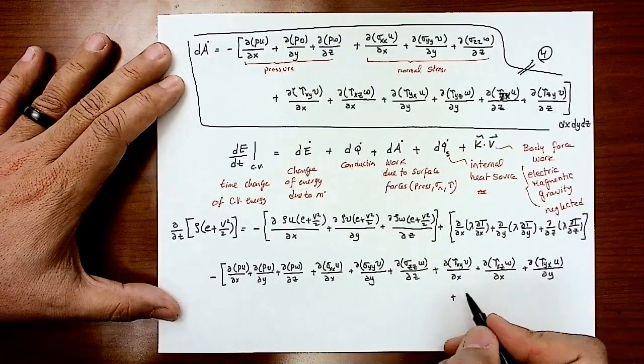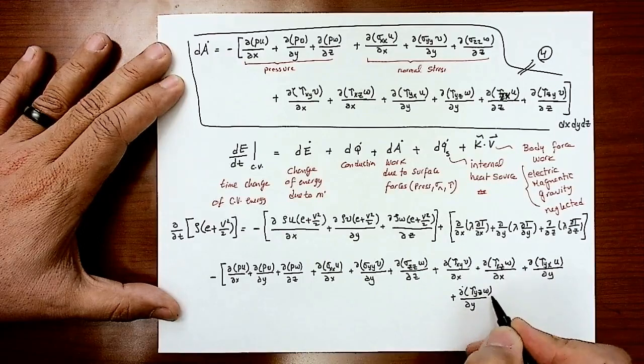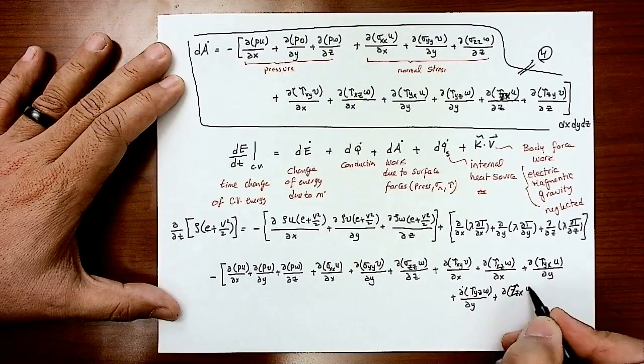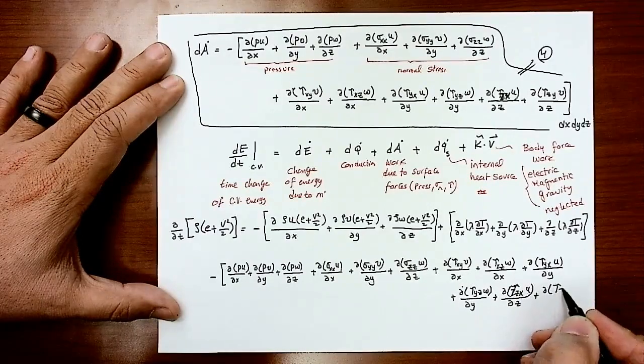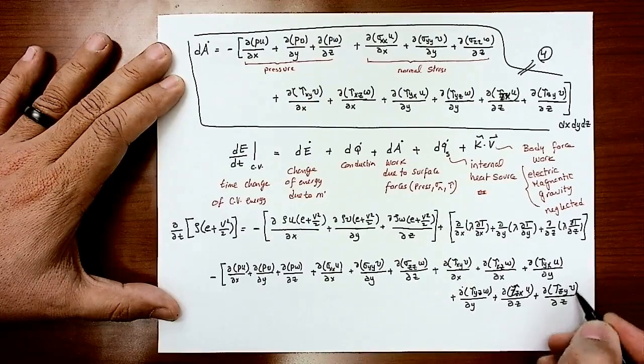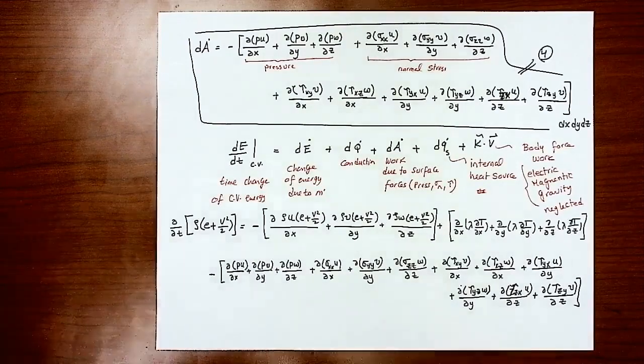The fourth is ∂(τyz w)/∂y, plus ∂(τzx u)/∂z plus ∂(τzy v)/∂z. Okay, so that's the energy equation in its first, very early simplified form.